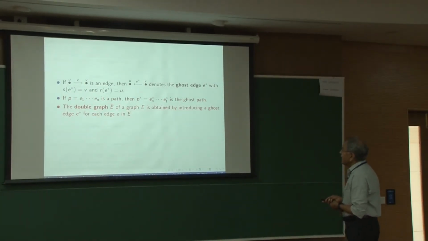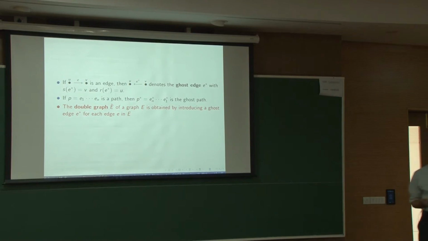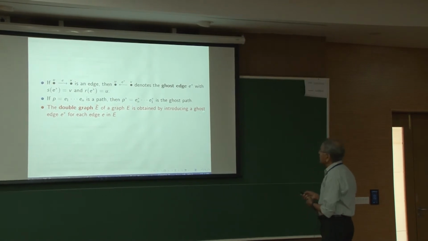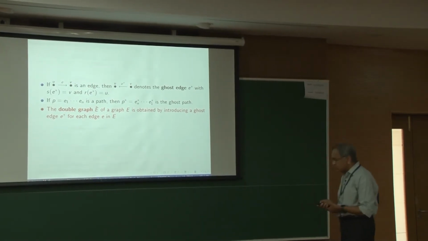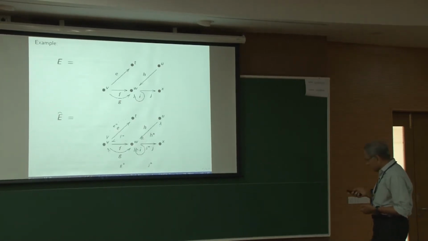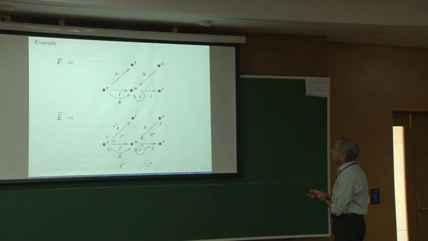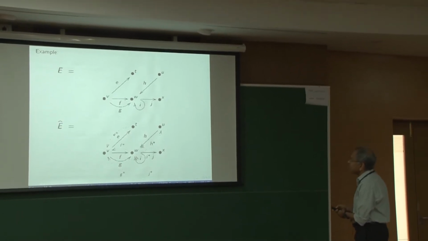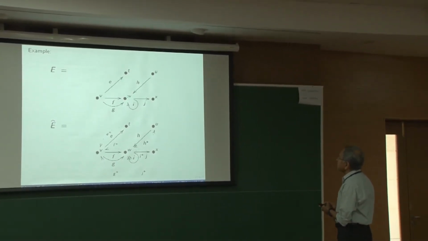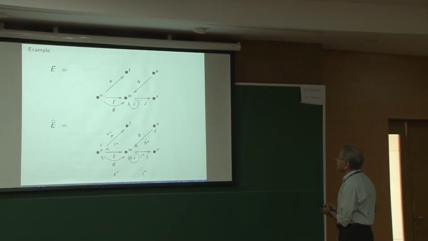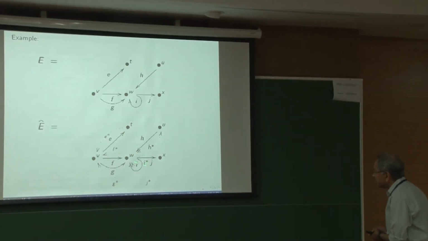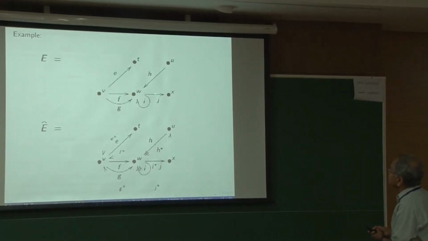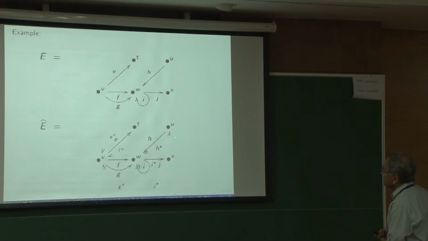And the double graph: given a graph E, the double graph is obtained simply by introducing a ghost edge E star for every edge in E. For example, here is the graph E. I have an edge E from V to T, so I want a ghost edge from T back to V. And here the loop is called I, which is from W to W. I introduce I star, which is again W to W. And H is from W here, so I have H star going backward.